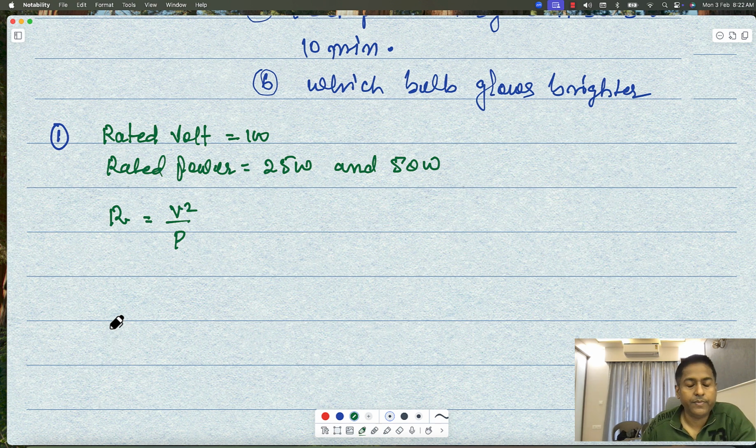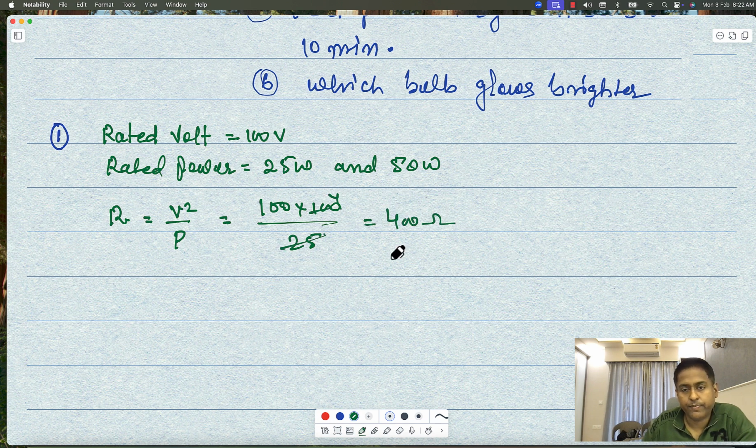So for the 25 watt bulb, the rated voltage is 100, so R1 equals 100 times 100 divided by 25, which is 4 times 100, that is equal to 400 ohm. Similarly, for the 50 watt bulb, R2, the same formula is used, with the rated voltage of 100, common for both.